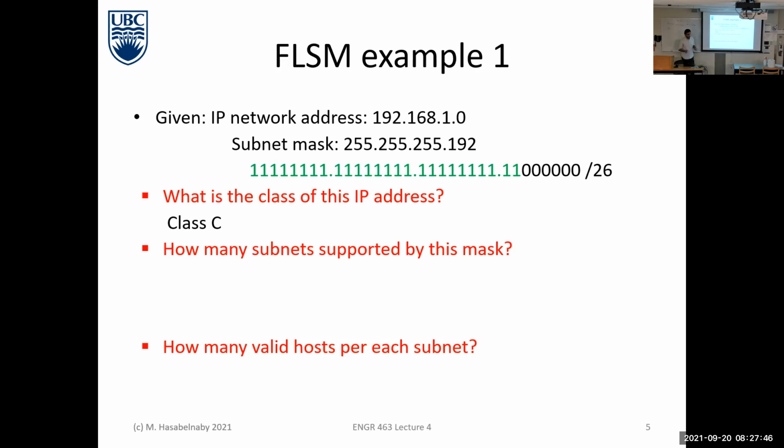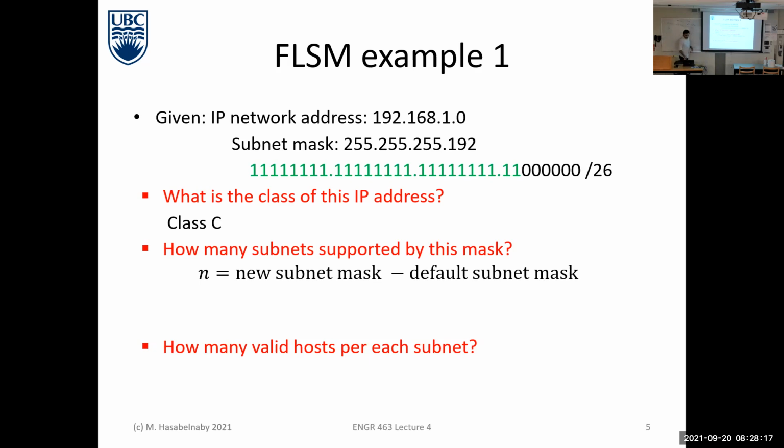How many subnetworks can be within that network? The answer is, in order to calculate it, we must first calculate the difference between the new subnet mask and the default subnet mask.